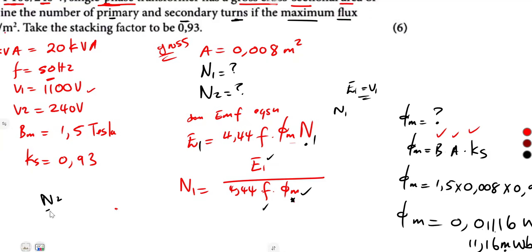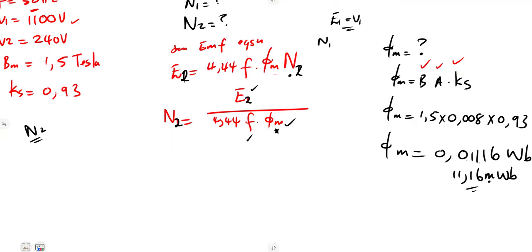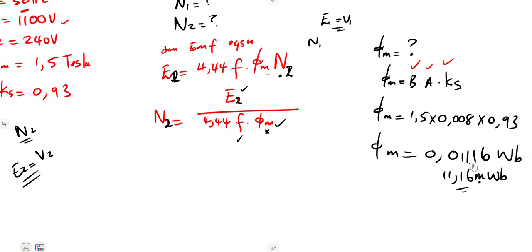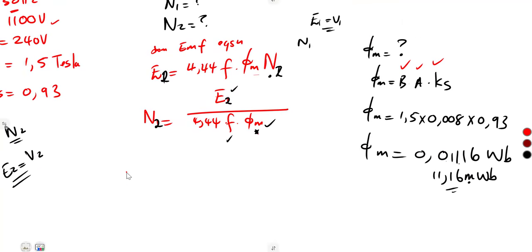This will be N2, this will be E2, where E2 is equal to V2. Remember, we already calculated the maximum magnetic flux, so just substitute.